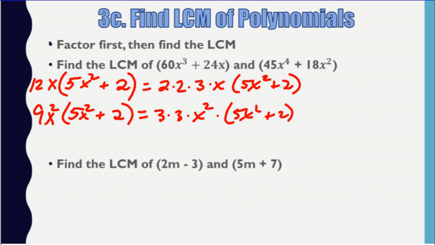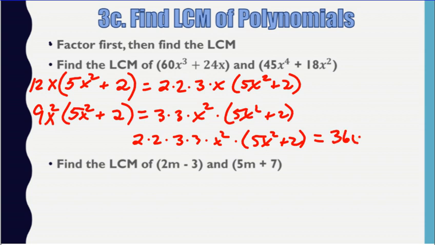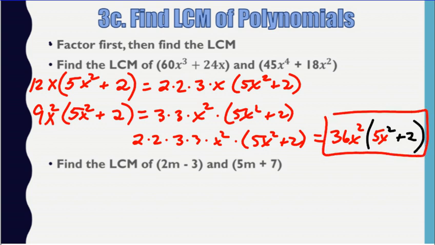So the most 2's being used is twice, the most 3's is twice, the most x's is x squared, and then I have 5x squared plus 2. So this will give us an answer of 4 times 9 is 36, x squared, 5x squared plus 2. So this would be our least common multiple.